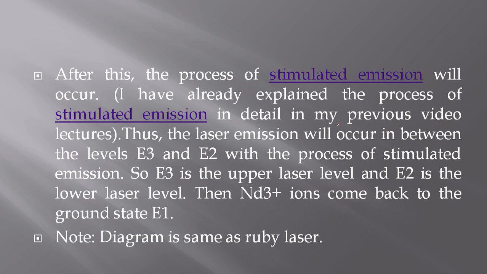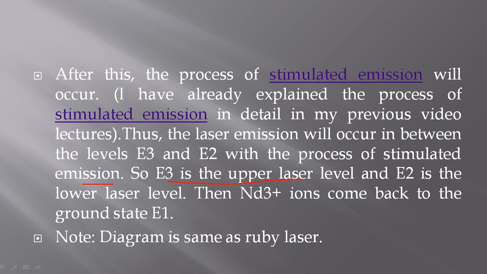After this, the process of stimulated emission will occur. I have already explained the process of stimulated emission in detail in the previous video lecture. Thus, the laser emission will occur between the levels E3 and E2 with the process of stimulated emission. So E3 is the upper laser level and E2 is the lower laser level. Then neodymium ions come back to the ground state E1.